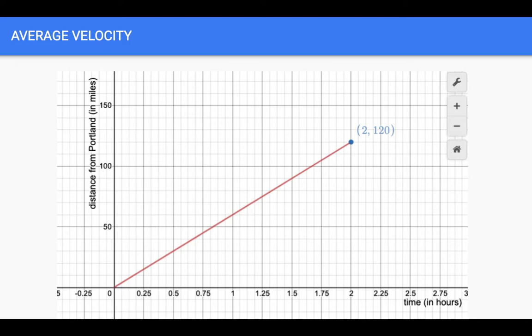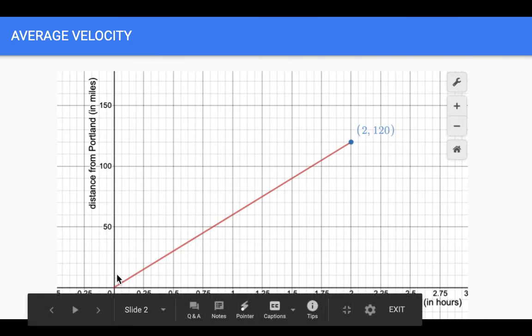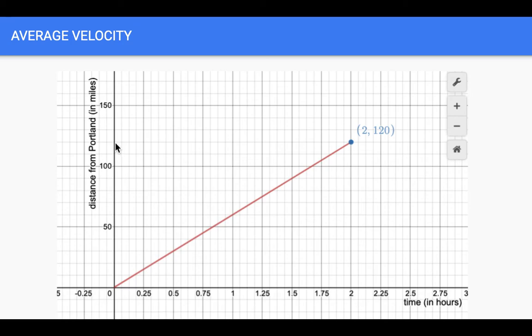But the point is that to calculate velocity, we need to look at the change in distance over the change in time. The change in distance from point zero, my house, to Mike's Pastry in Boston is 120 miles. That's on the y-axis, so the change in y is 120 minus 0.